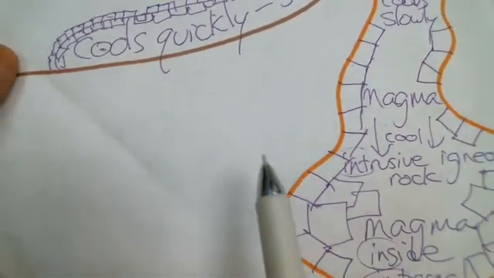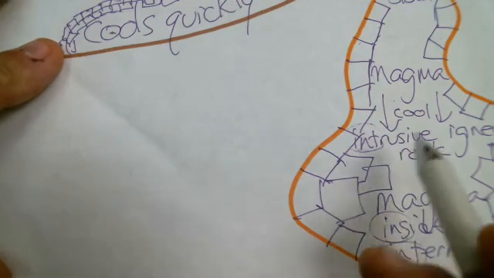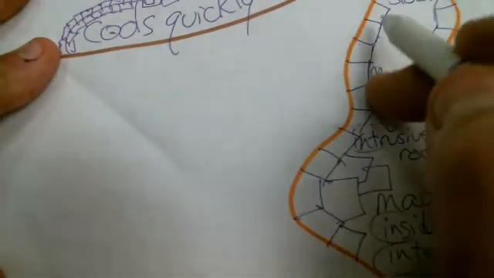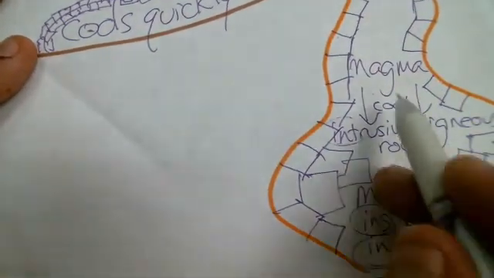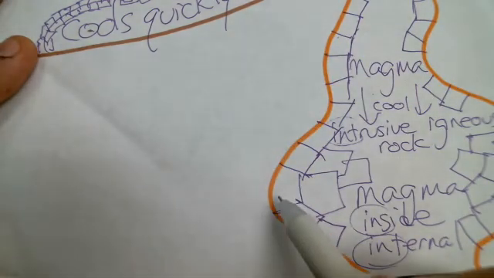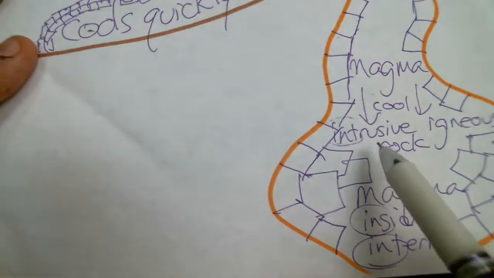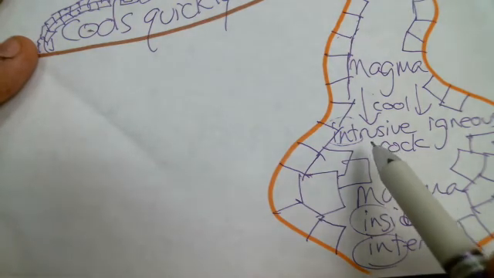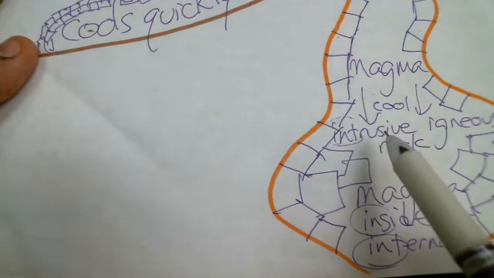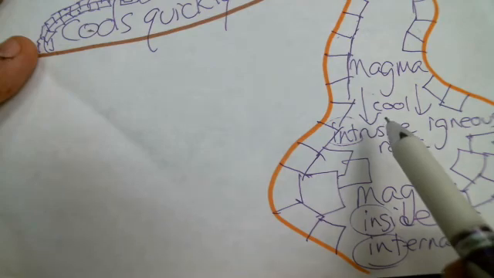Okay, now in this space down here, we're going to talk about metamorphic rock. Along the sides of this magma chamber, we might have other kinds of rock, perhaps sedimentary rock, and it's going to get heated up by this magma a lot. If it gets over 200 degrees Celsius, it might heat up the rocks enough to change the form of their structure.